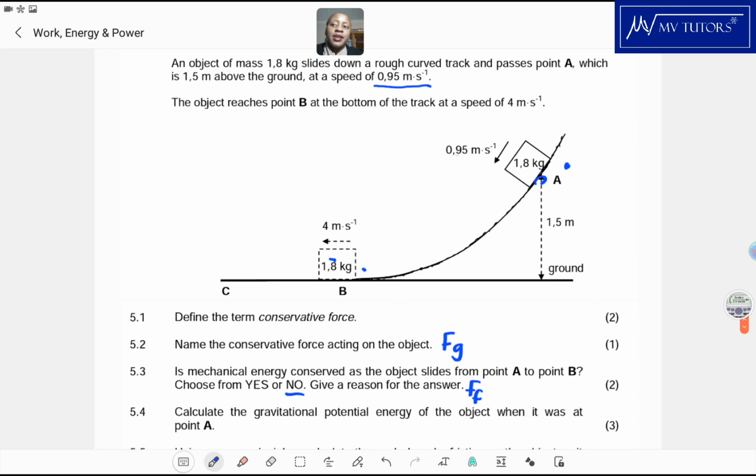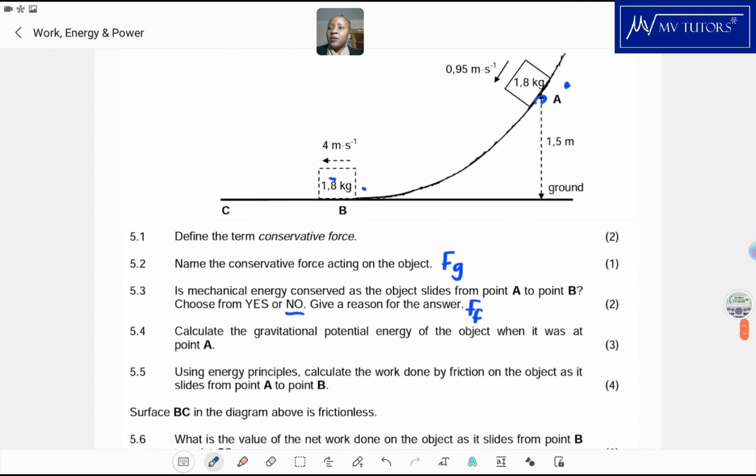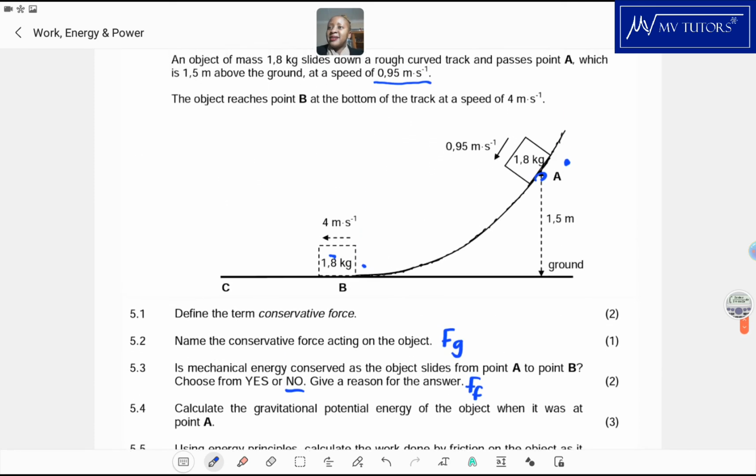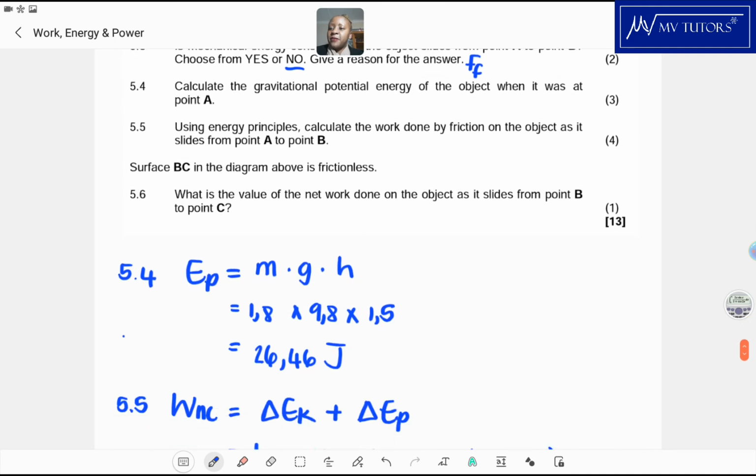The velocity initially was 0.95 and finally it was 4. And then our height was 1.5 initially, but finally it was 0. I hope I remember these numbers. 0.95 and 4.